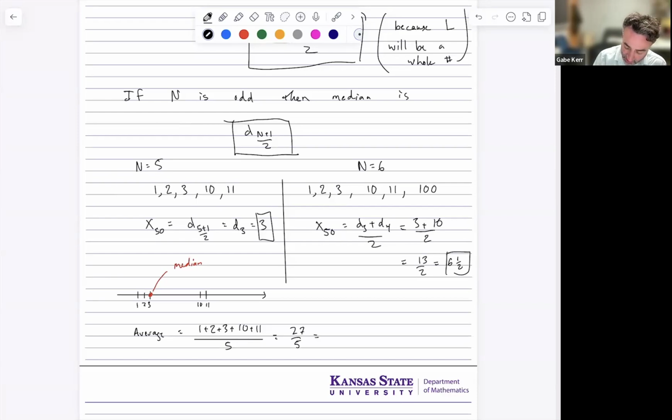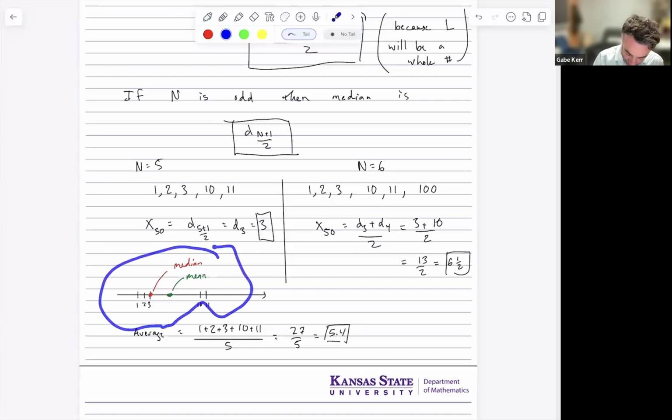So this is 5.4, 5 and 2 fifths. So 5.4 lives around here, let's say. This is the mean. And you can see that these are definitely two different numbers.